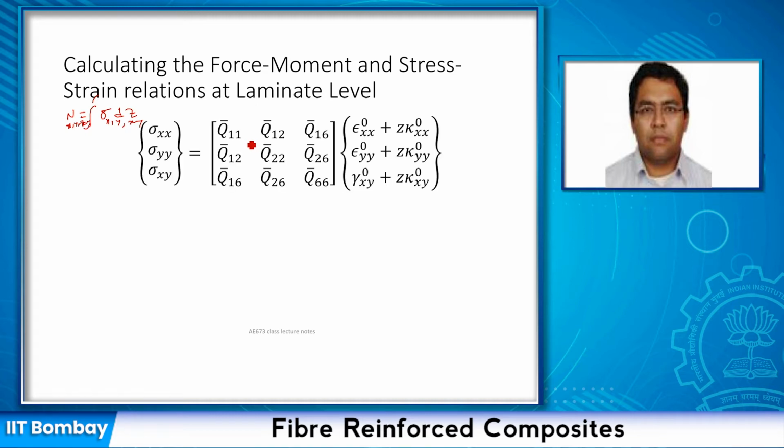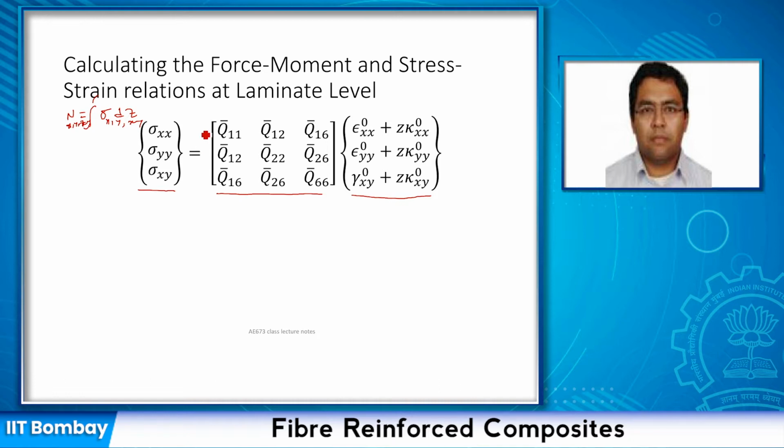Now, first we go back to the relationship for stress in terms of the mid-plane strains and curvatures, which we derived in the previous class. The stress in any layer can be obtained by multiplying the Q bar matrix with the mid-plane or reference plane strains and curvatures.